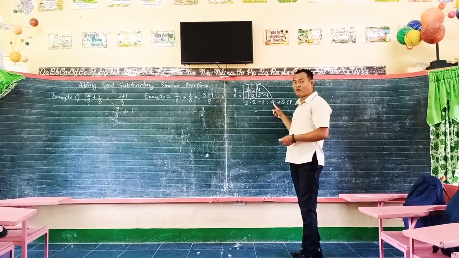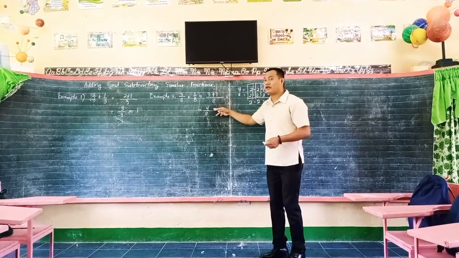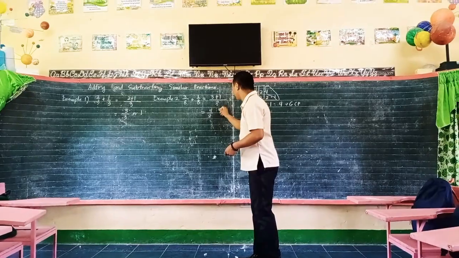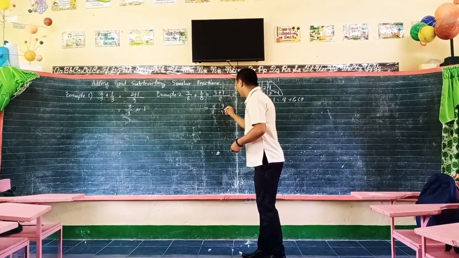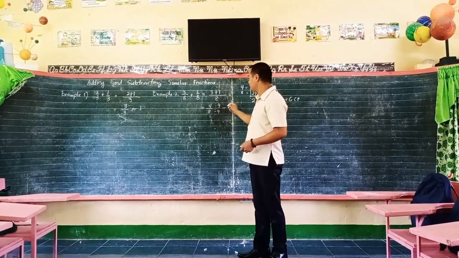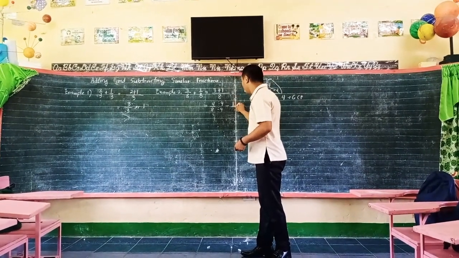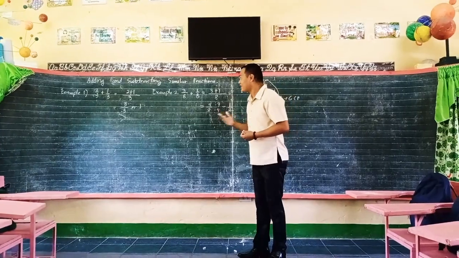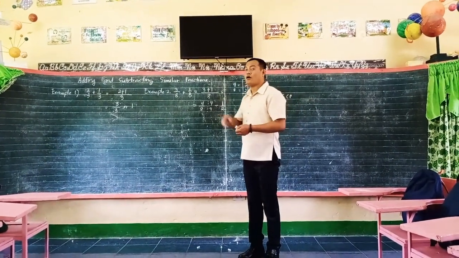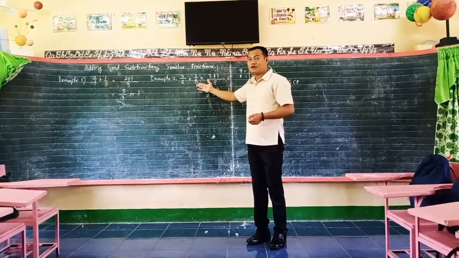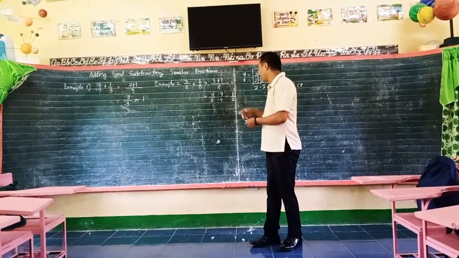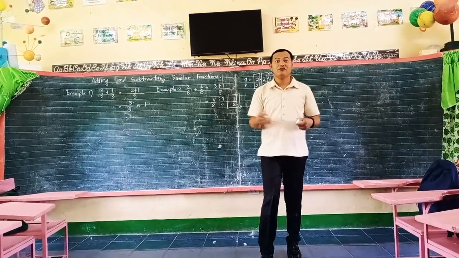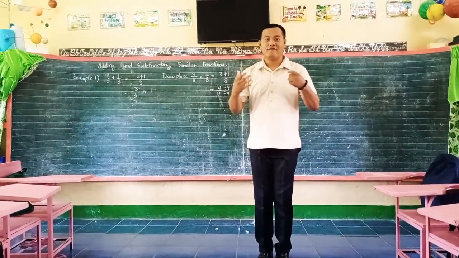Since the GCF is 4, we can divide the numerator and the denominator by 4. So 4 divided by 4 is equal to 1, and 8 divided by 4 is equal to 2. So 3/8 plus 1/8 is equal to 1/2. This is now our final answer. Can you follow? Very good.